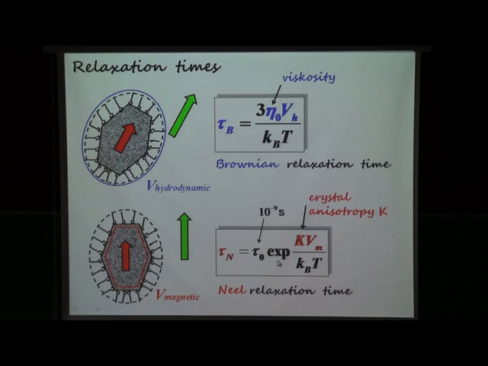But in the other case, if you have just standard magnetite particles, let's say of about 5 nanometer diameter, then this factor is very small, this time is very short, and that means that this magnetic moment is following the outer field without turning the particle.